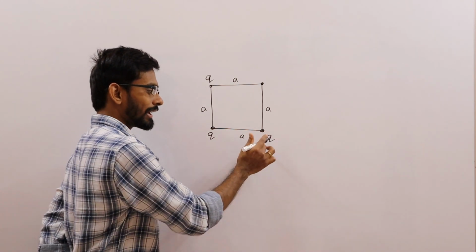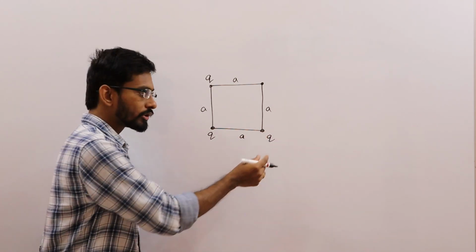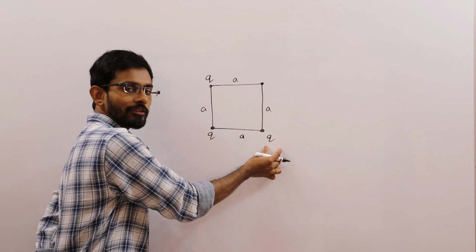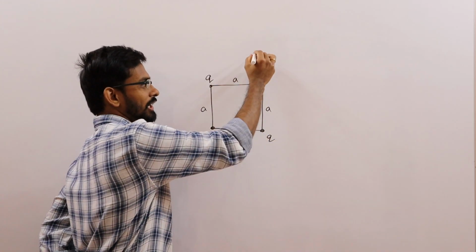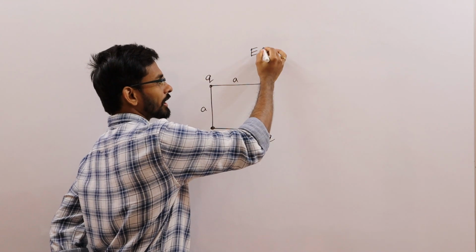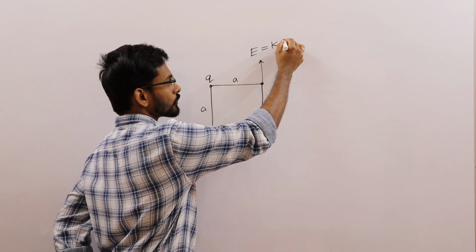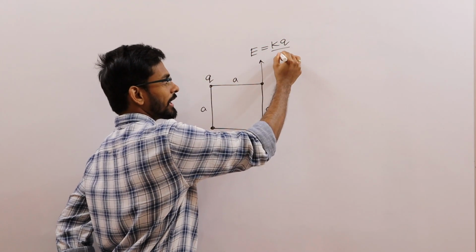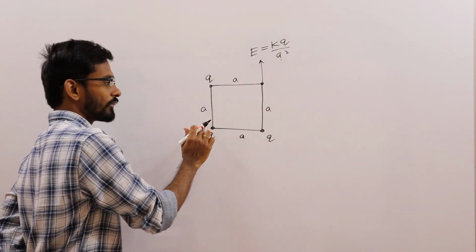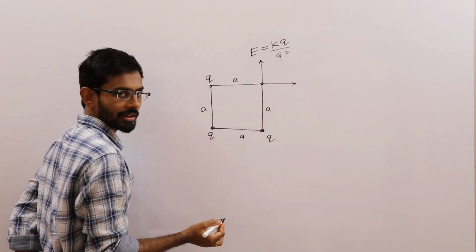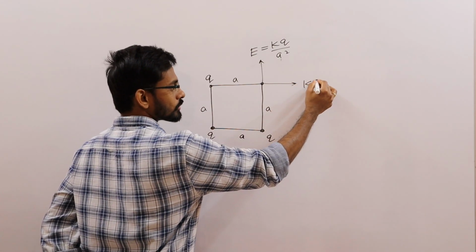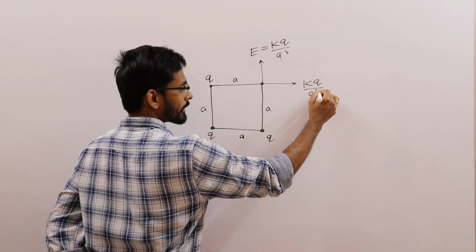For this we have to calculate the electric field due to the individual charges at this point. The electric field due to this charge will be in this direction. As it is a positive charge, the electric field will be radially outwards and will be equal to K into Q by the distance A square. Now the electric field due to this one will be radially outwards in this direction, horizontal, and its value also is equal to KQ by A square.